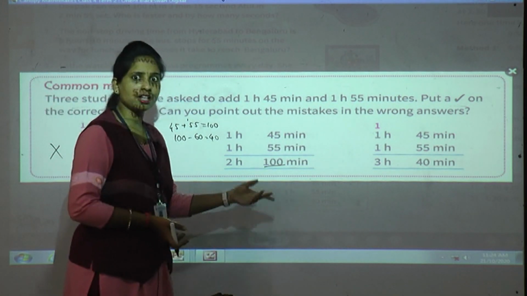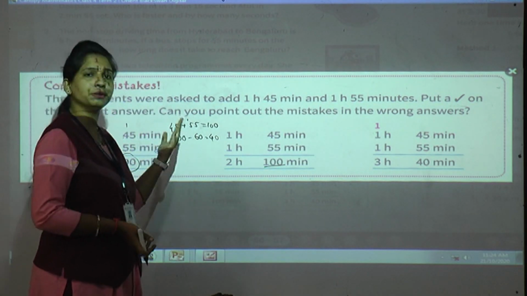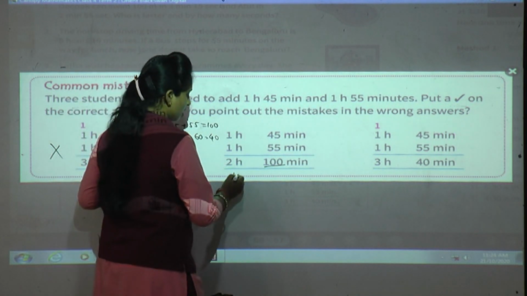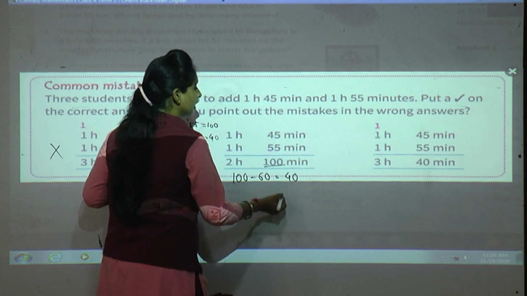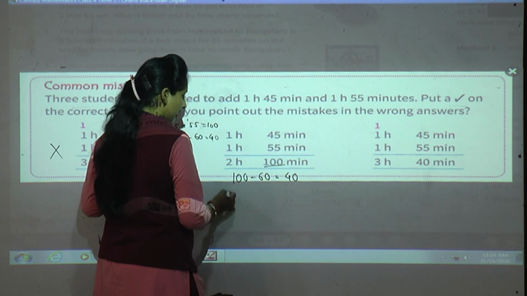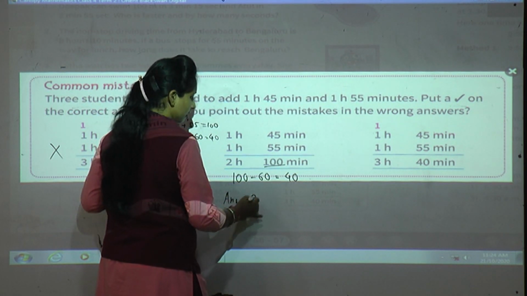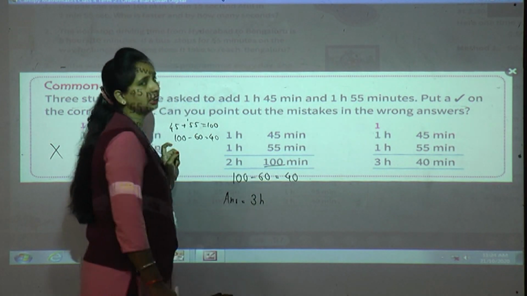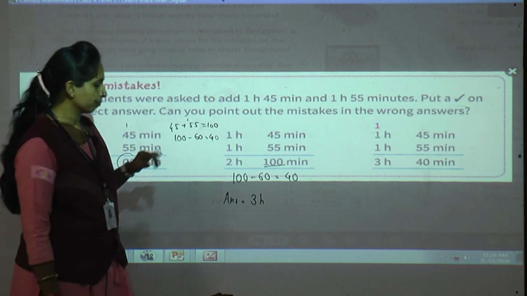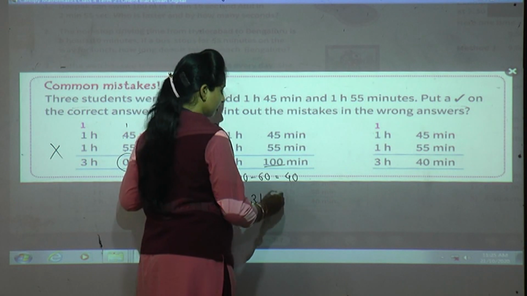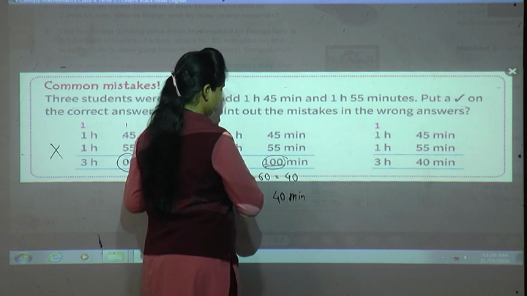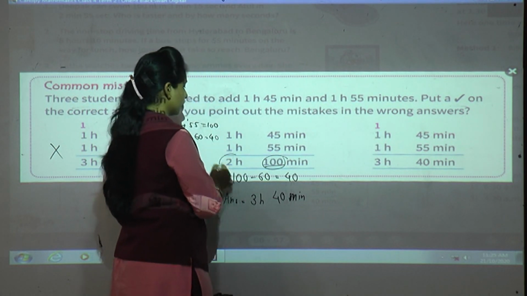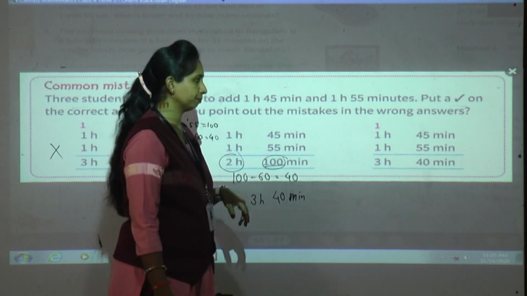If it is 60 also, you have to convert into hours. So here 100 is there. The next step is 100 minus 60, you get 40. Then you have to write the answer as 3 hours and 40 minutes. But he has not done that. So where did he commit the mistake? He has written minutes as it is and the hours also wrong.